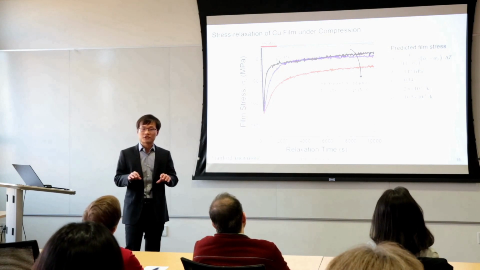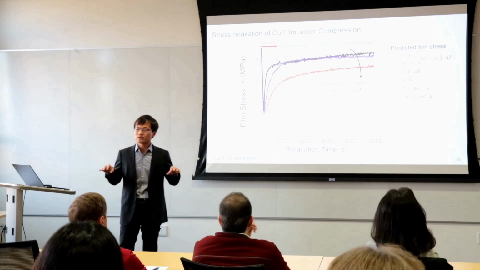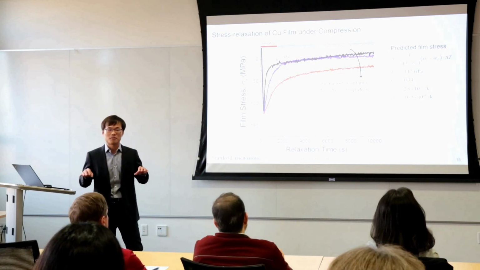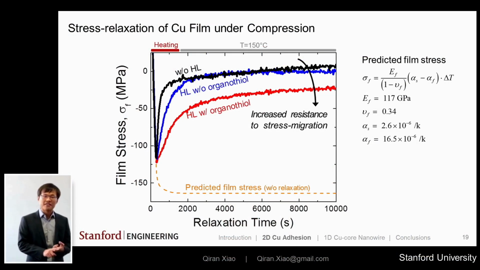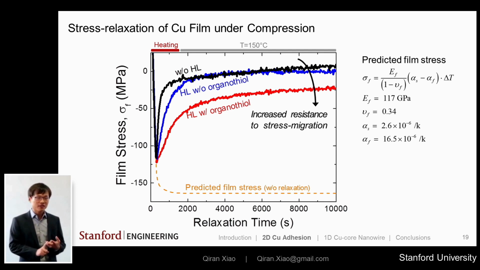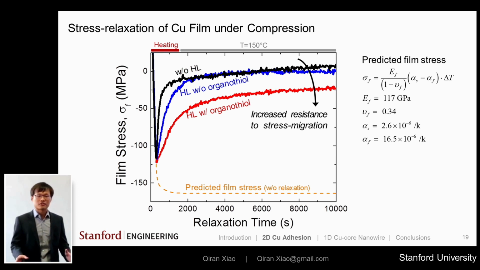Basically, we introduced compressive stress into copper films and see how quickly that compressive copper stress relaxes over time. The quicker and the more severe the stress relaxation is, the worse the stress relaxation performance. Why? Because stress relaxation is achieved by migrating copper atoms to release the internal stress.